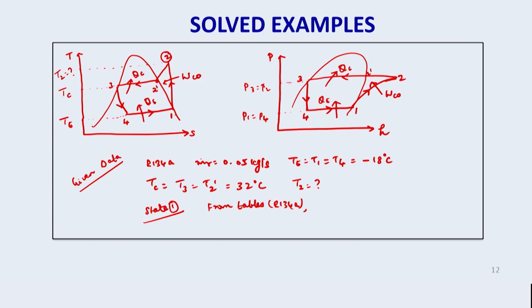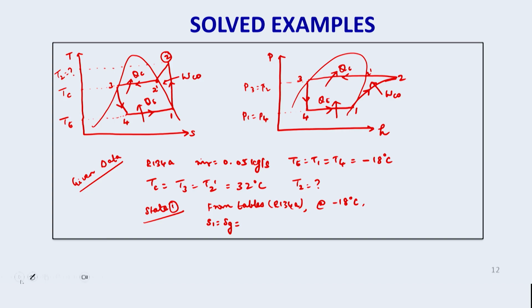The temperature at 1 is the evaporator temperature, so at minus 18 degrees centigrade, entropy at 1 is equal to vapor entropy, S1 is equal to Sg.